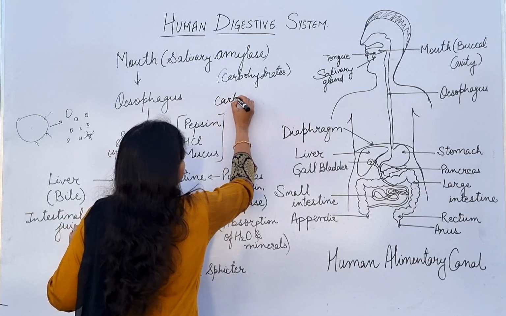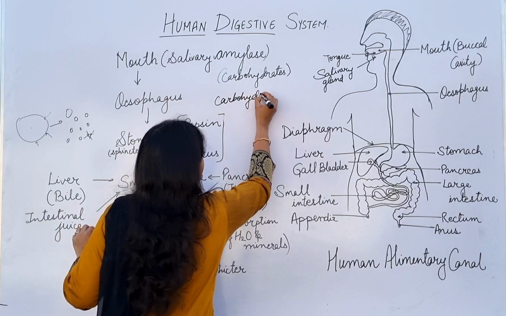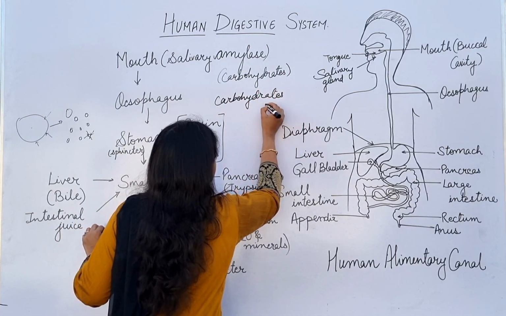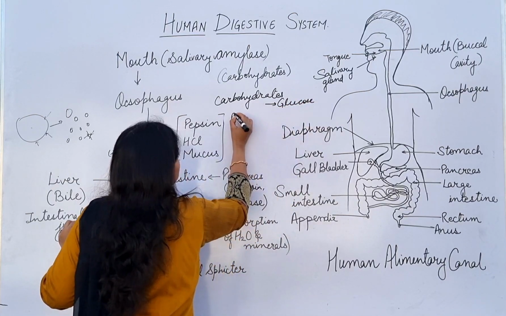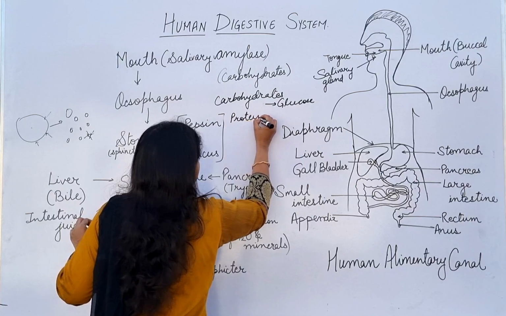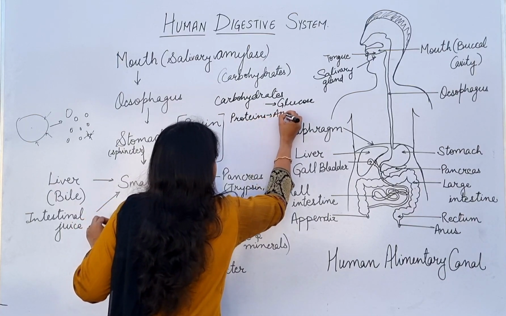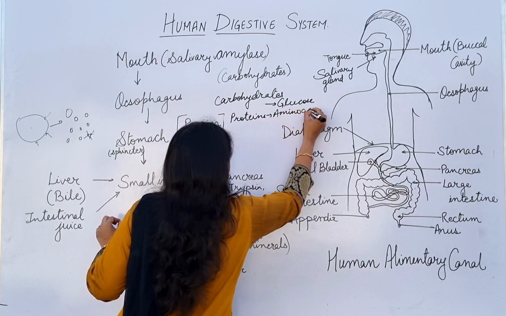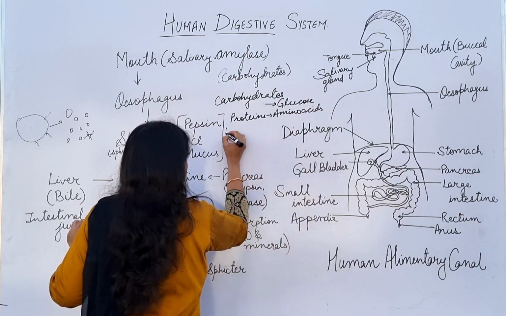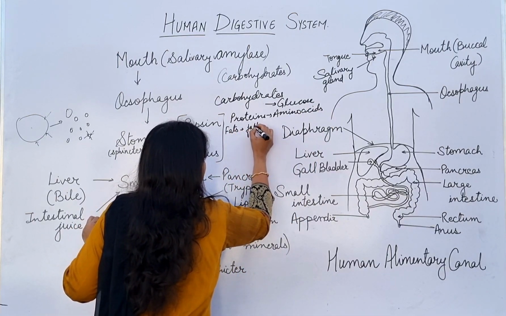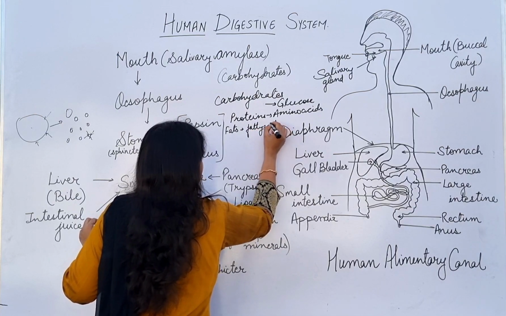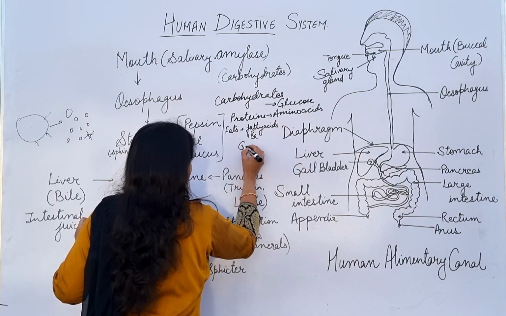Carbohydrates are converted to glucose. Proteins are converted to amino acids. And fats are converted to fatty acids and glycerol.